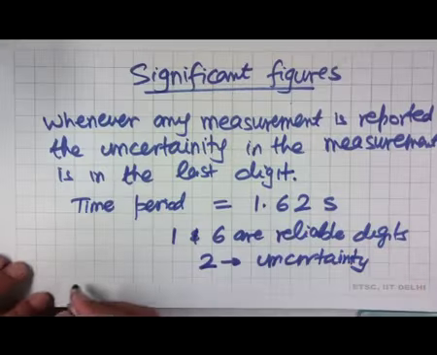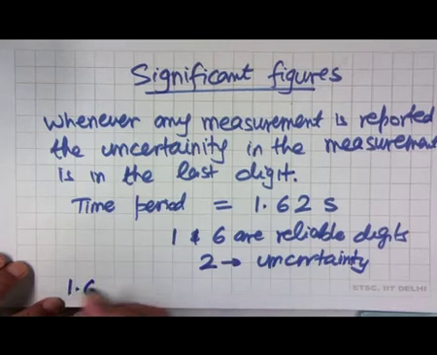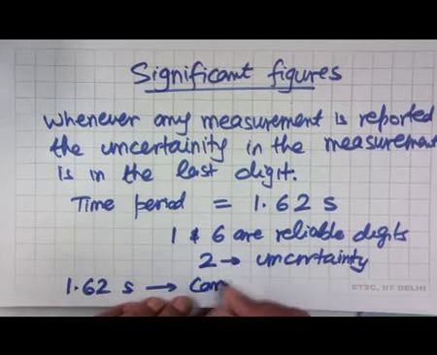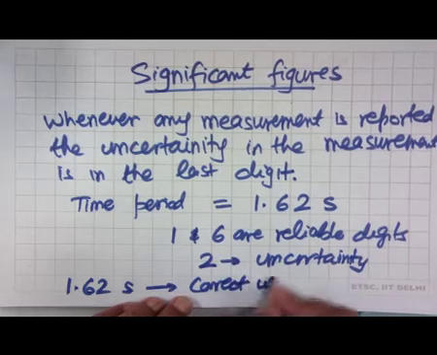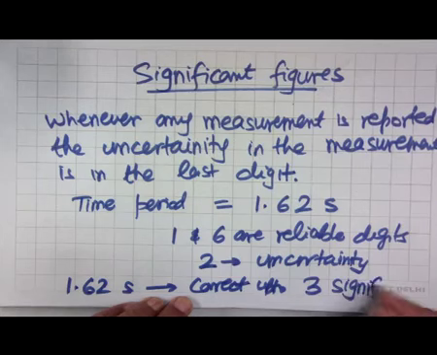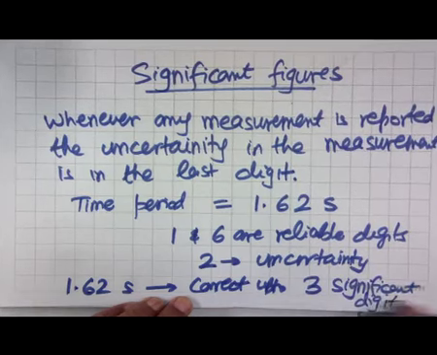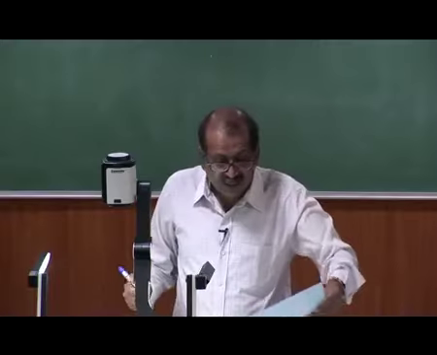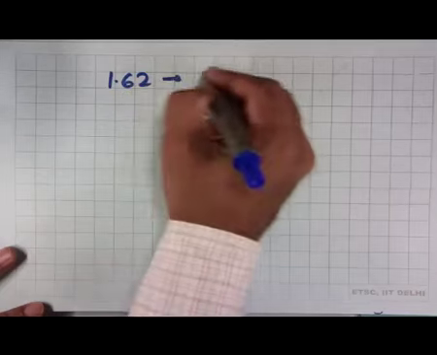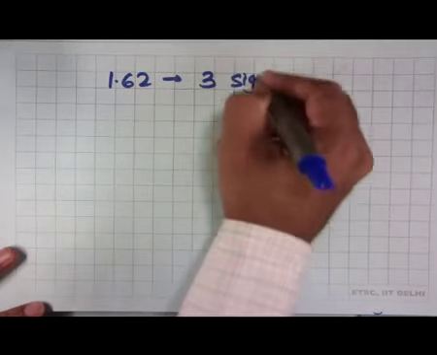Now, when we say this measurement 1.62 seconds, we say this is correct up to 3 significant digits. So, a measurement like 1.62 has got 3 significant digits.